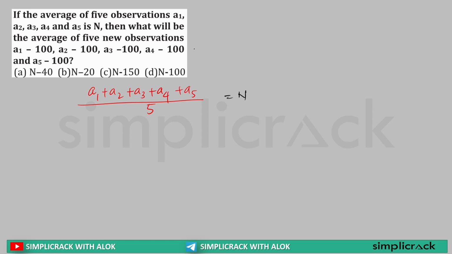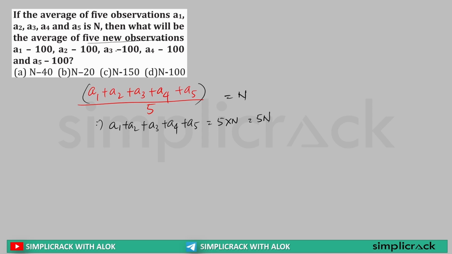Okay. Then what will be the average of 5 new observations, that is A1 minus 100, A2 minus 100 and so on? Now understand this. Sir, if this is equal to n, then I can write A1 plus A2 plus A3 plus A4 plus A5 is equal to 5 into n, or 5n. Yes or no? Yes, sir.